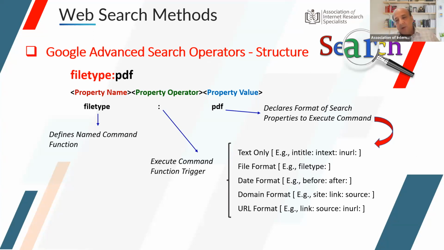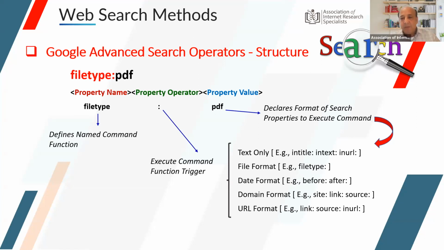And if you're going to use in title colon or in text colon or in URL colon, whatever comes after the colon sign, even if it is the word PDF itself, will not be considered an extension, but rather a text or a word, which is only going to match the word itself and not the file type, because that's what in title, in text, and in URL represent, meaning that it is any kind of text.